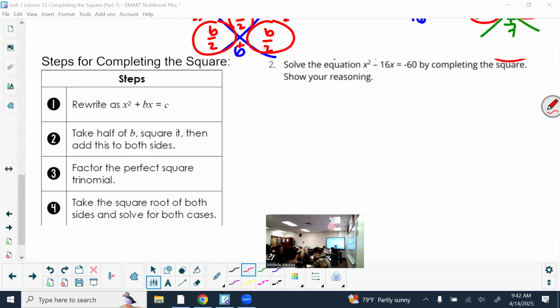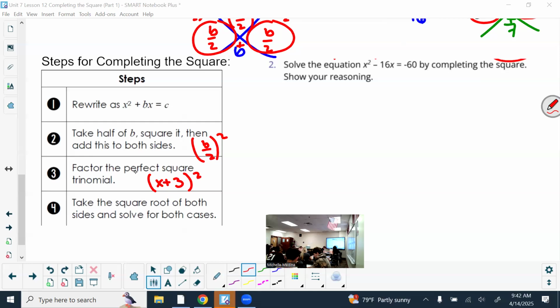Then we are taking half of B, which we just did. B divided by 2 is taking half of B. We're squaring it, and then we're adding it to both sides. That's how you complete the square. What that does is it creates something that can be written as one parentheses times itself. So here's an example.